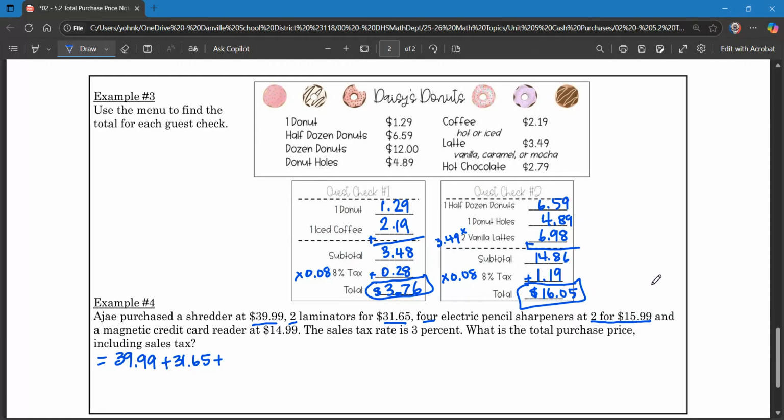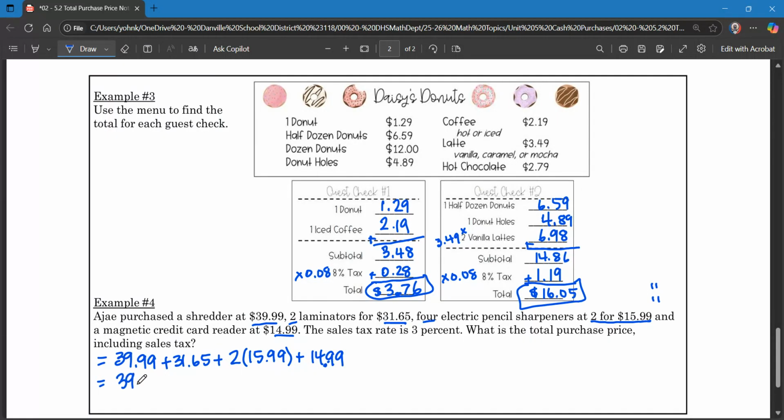So if you get 2 for $15.99 and I need another 2 to get a total of 4, then I need to purchase 2 of the $15.99s. We also get a magnetic card reader, which is $14.99. So this is all that I'm purchasing, so let's add it up.